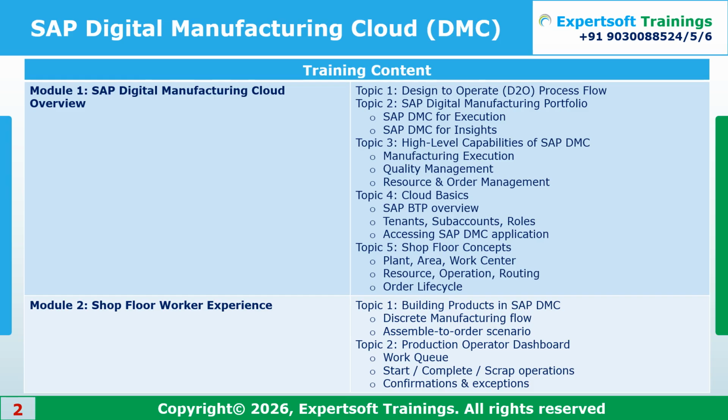Okay. So on building products in DMC, the DMC is pretty much compatible for both industries, like the process industry and the discrete industry. Okay. So we will see how the SFCs, or how the operations go into queue, and then how we start and how we confirm the operations.